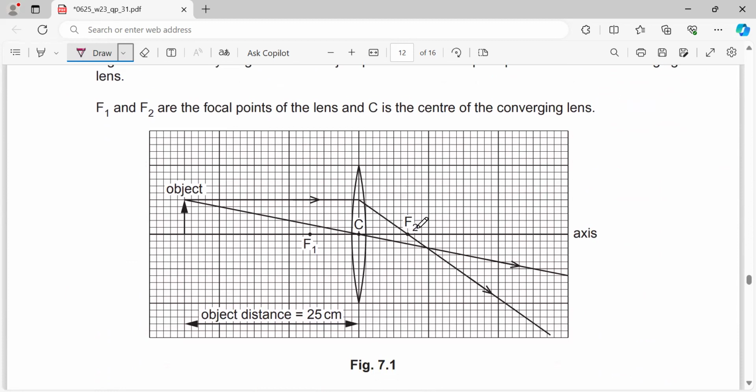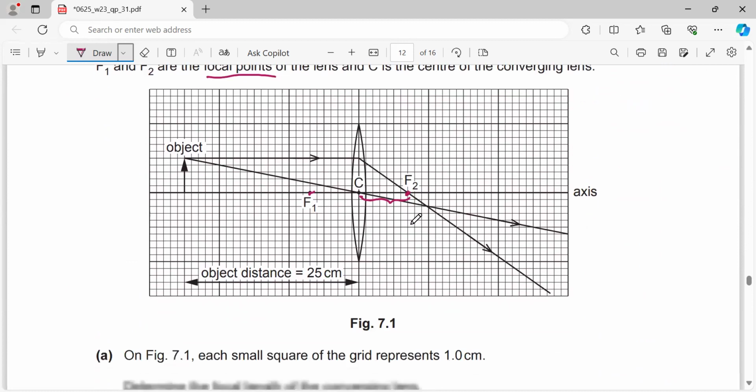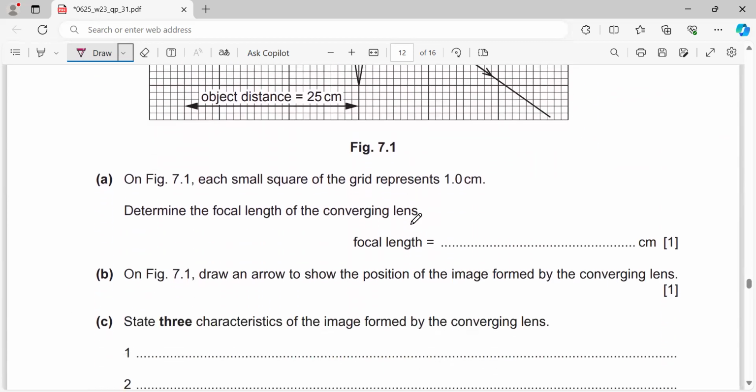F2 and F1 are our focal points. So the focal length is 1, 2, 3, 4, 5, 6, 7, so it's 7 centimeters.